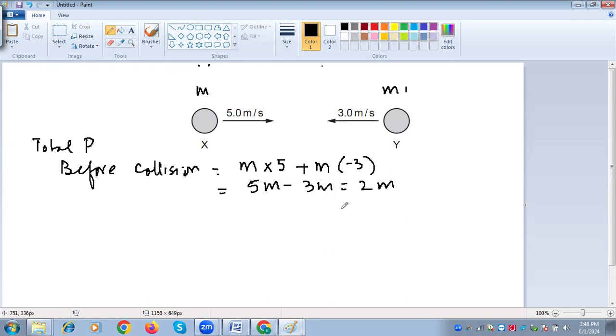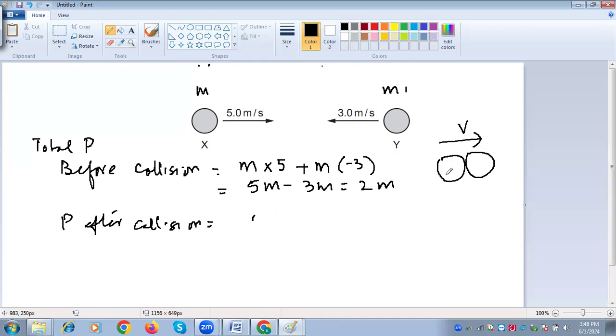After collision, they stick together. And where will they go? So P after collision will be equal to, they will be moving like a single body, like this and this. Their masses are added. And what will be their V? So mass M and M, total mass will be 2M.